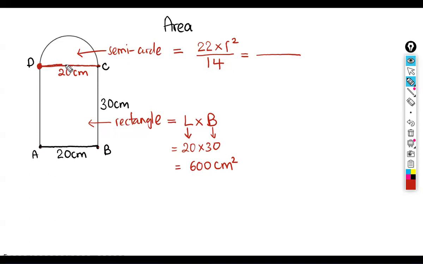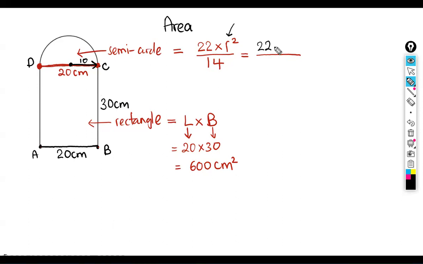This 20 from D to C, is that the radius or is that the diameter of the semicircle? That's the diameter, correct, guys. Remember, this formula that I'm using requires the radius. So if the diameter is 20, then the radius has to be half of that, 10.